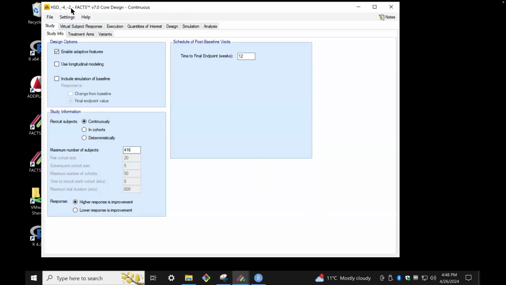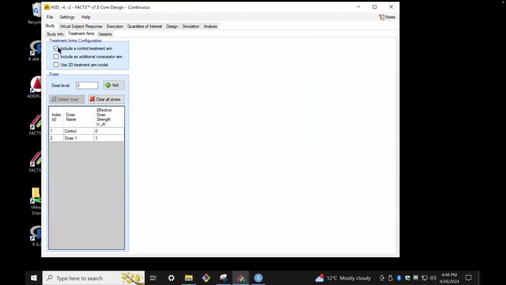And you can see I'm using a FACTS core design with a continuous endpoint. I've enabled adaptive features. We're going to recruit continuously, set the maximum number of subjects to 416. That's 52 per arm per stage. Higher responses improvement. And the time to the final endpoint is 12 weeks. We've just got the two arms, control and our treatment arm.